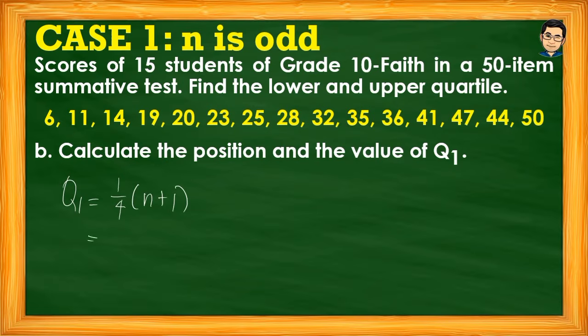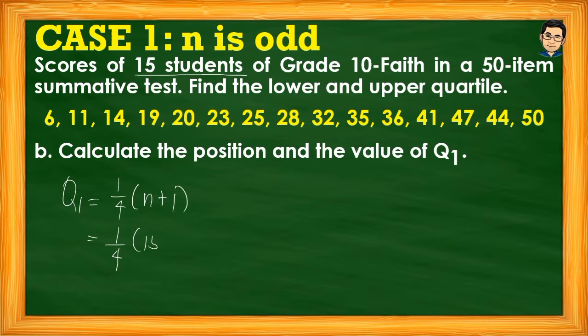Now, we will substitute the value of n. Again, what is n? This is the number of observations. Based from our problem, yung n natin is 15, because ang mga nakalista ay scores ng 15 students. That is why n is equal to 15.